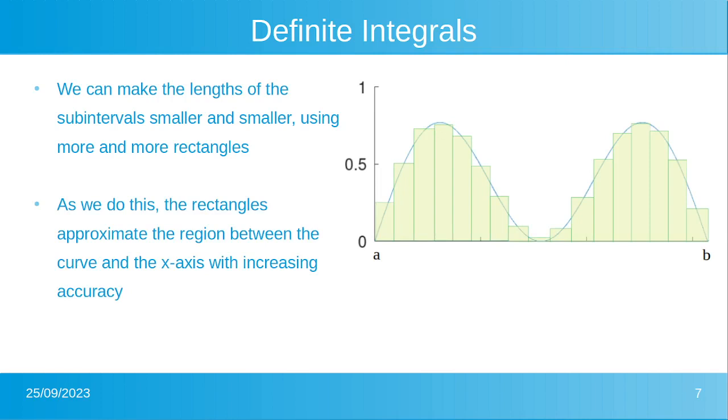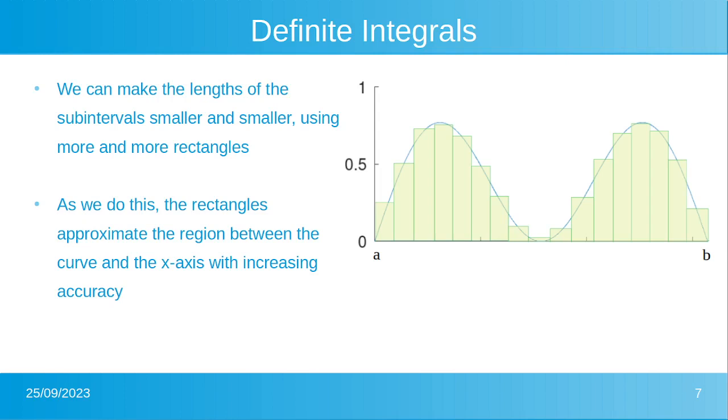So we've made the subinterval length smaller, and now we're using a larger number of rectangles. And as we do this, the rectangles approximate the region between the curve and the x-axis with increasing accuracy.